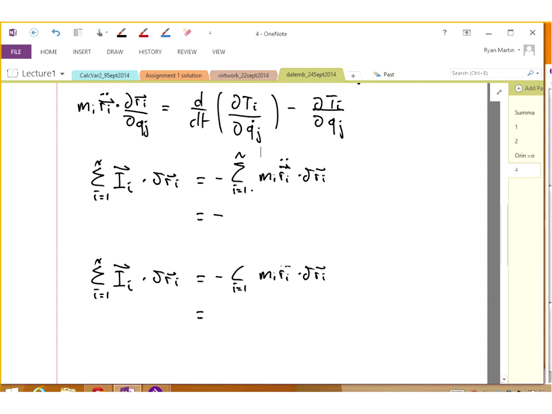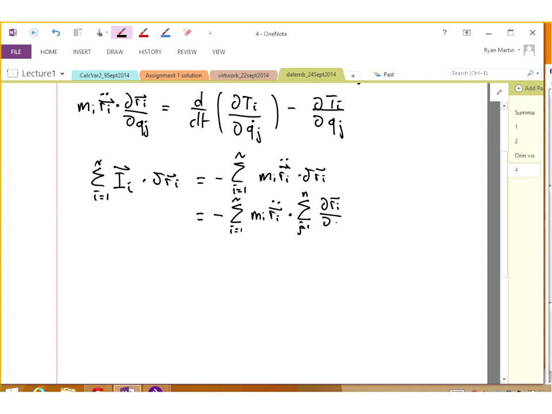And then that's equal to minus the sum of I equals 1 to capital N of m_i r_i double dot. And now I'm converting the delta r_i so I can have it in q_j. So now I have to put a sum of j equals 1 to little n of the ∂r_i/∂q_j delta q_j.